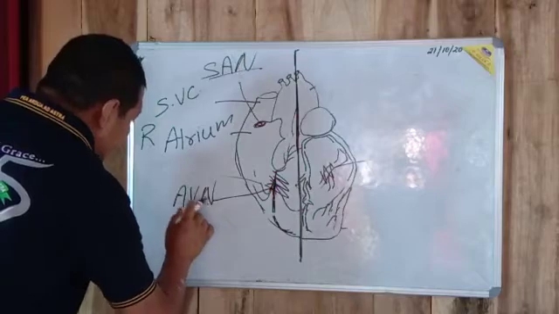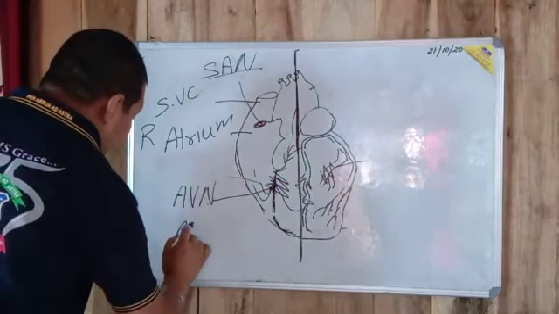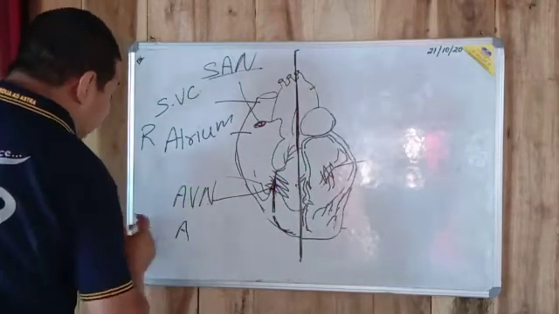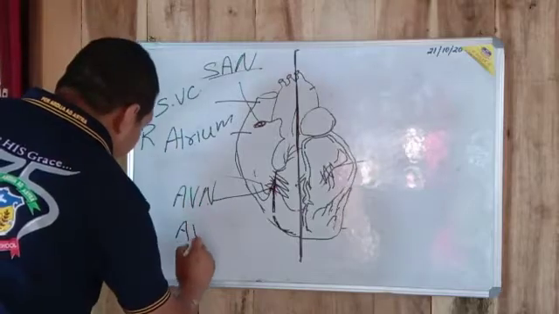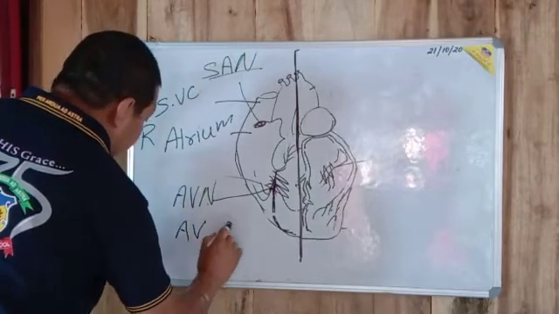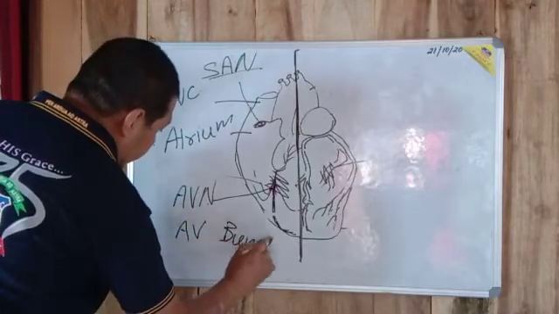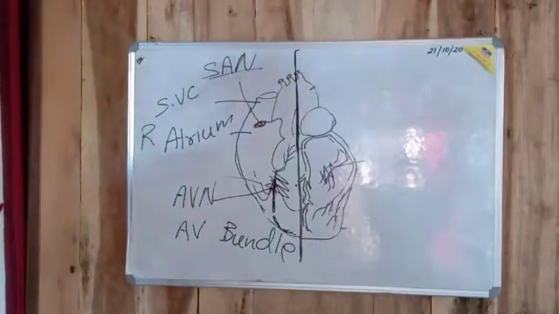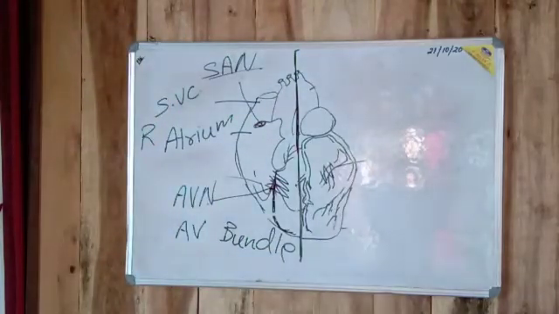After the formation of these nodes, they bundle up and form the atrioventricular bundle. Now, these bundles, after traveling some distance, split into the right and the left branches.